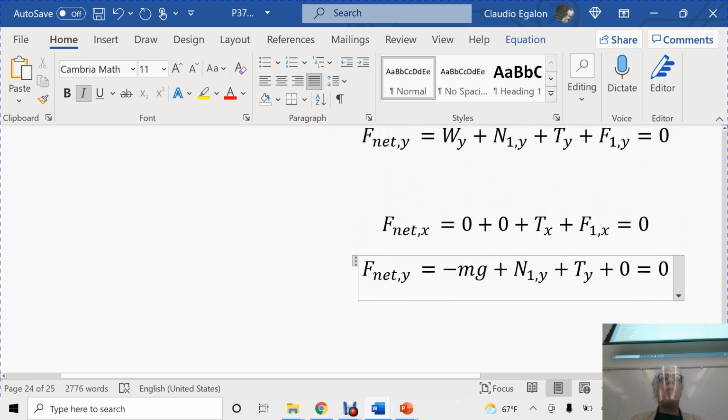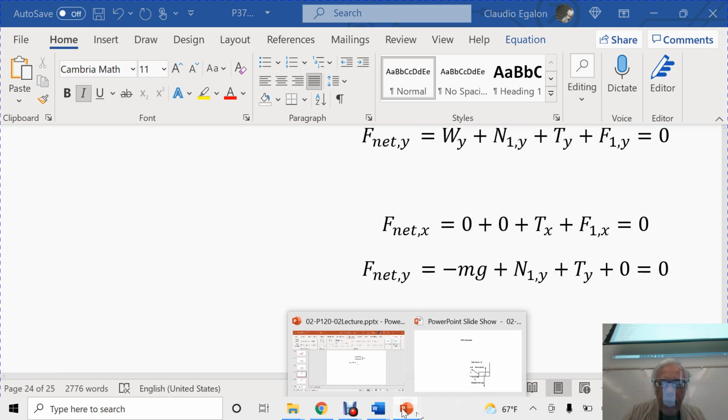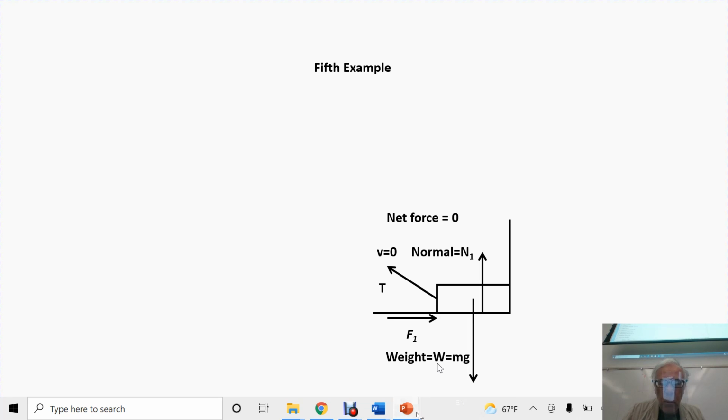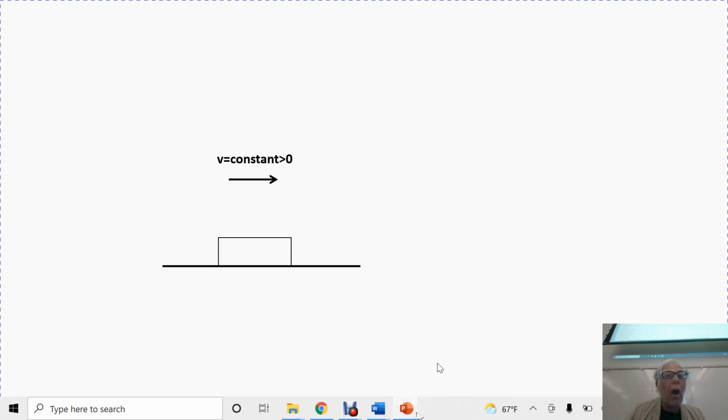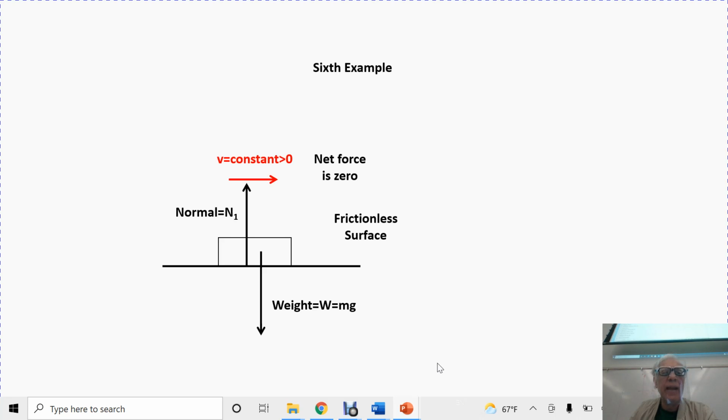That's the type of solution that you have to worry about when you solve problems like that, either at constant velocity or at rest. It's 5:48 right now. Let me see if I have any more before we go to a break. Let's see this one here. Now velocity constant. With constant velocity over a frictionless surface, net force must be 0. So we always have the weight in there, so we must have another force that cancels the weight.